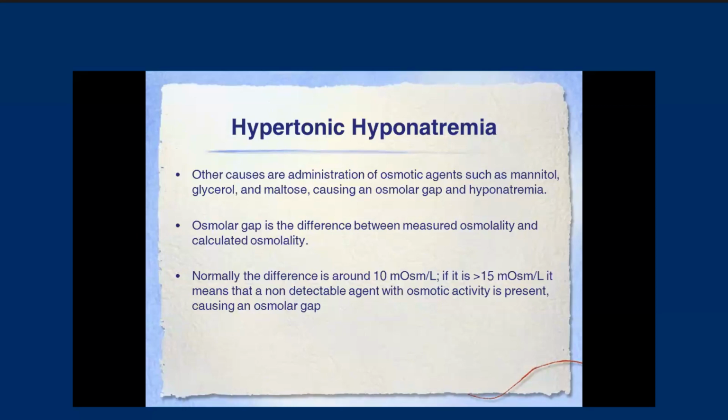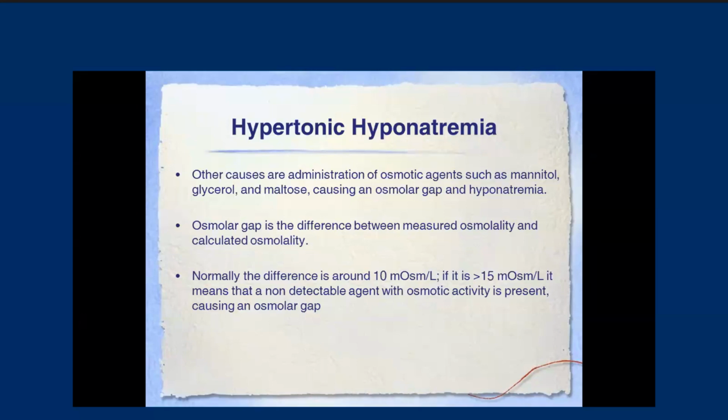That may include mannitol, glycerol, maltose, and the like. But we usually calculate the osmolality using the sodium and the glucose, as I have mentioned earlier, because the other solutes are ineffective osmoles, and they move between each compartment of the body fluids freely, and they will not affect the movement of fluid between the two compartments.